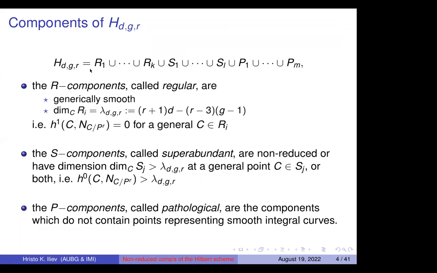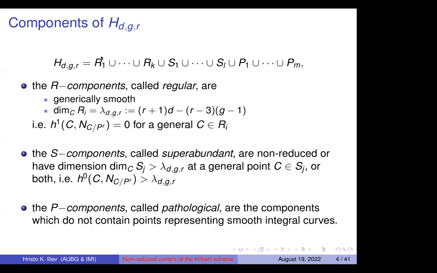H_{d,g,r} decomposes into three basic types of components. Ones that I call regular, denoted here by R1 and so on. Then another type of components, S1, S2, and so on. And a third type of components like P1, P2, and so on.